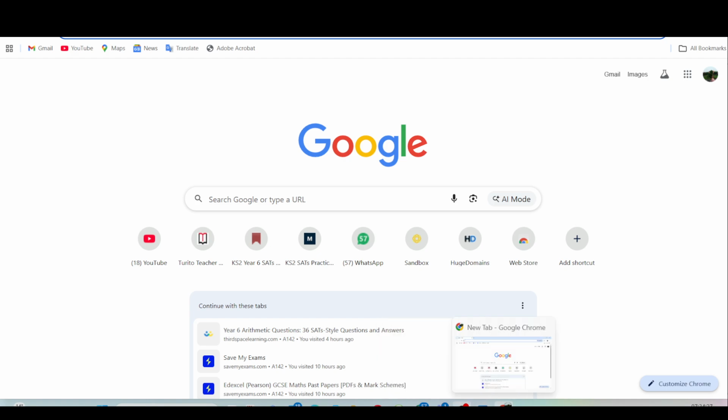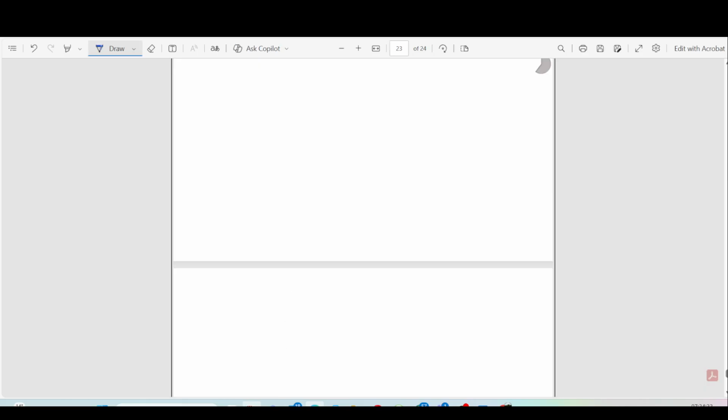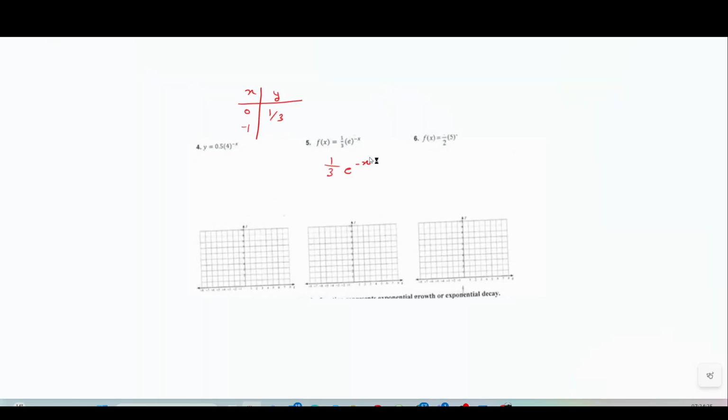What values am I putting? So let's take e to the power 2, if x is 2, and 1, and then I will take one negative value.